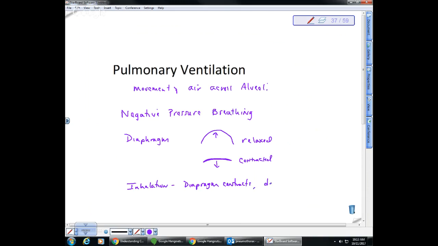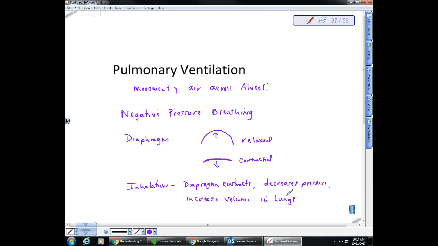And this decreases the pressure in the lungs because it increases the volume. It decreases the pressure because it's no longer pushing on the lungs, and the lungs can expand a little bit more.